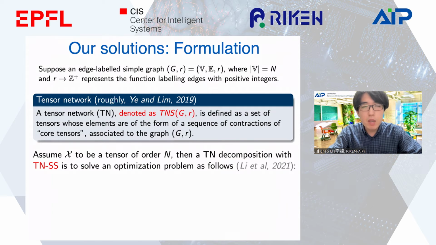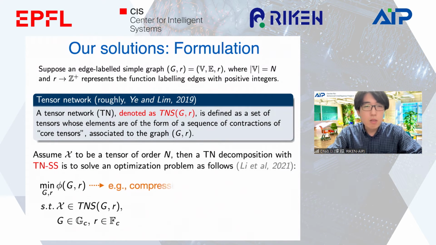So based on this framework, the tensor network structure search for the decomposition task, for example, is to solve an optimization problem like this. Here, the objective function can be the compression ratio or the number of parameters, which is used to evaluate if a tensor network structure is good or bad.